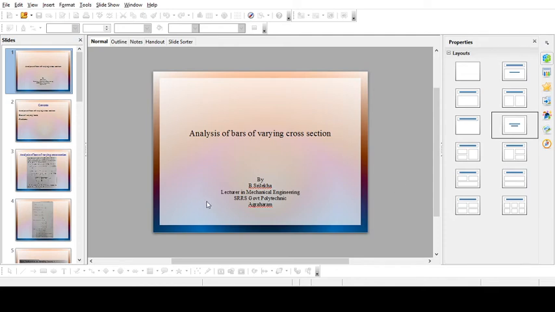So that will give us 0.08 mm. So this is how we find the value.